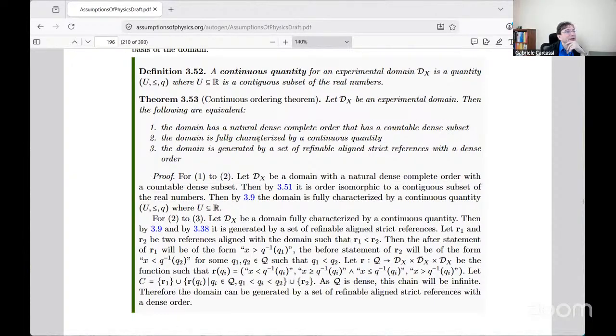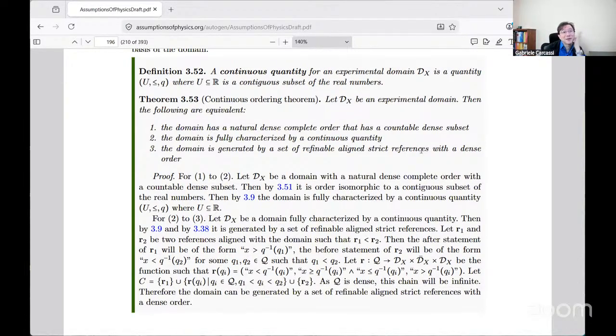The domain is fully characterized by a continuous quantity, and the domain is generated by a set of refinable aligned strict references. This gives us the order, and then you say that you have a dense order. So now the references themselves have a dense order, which means if I have a reference for this tick of the clock and this tick of the clock, I can always put a clock in the middle of the two, and then in the middle of those two, and then the middle of those two, and I can always put ticks inside.